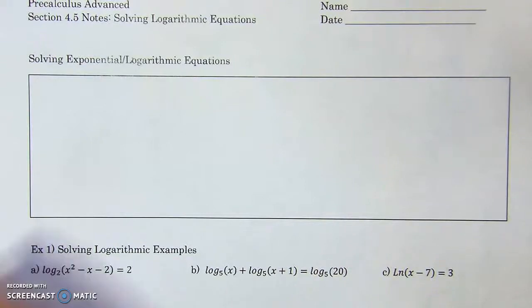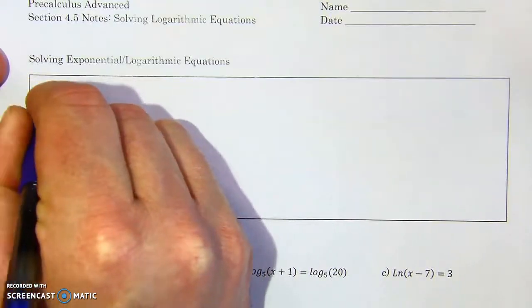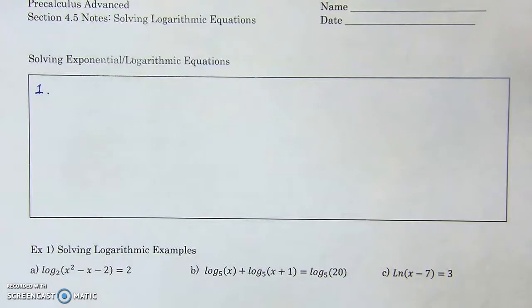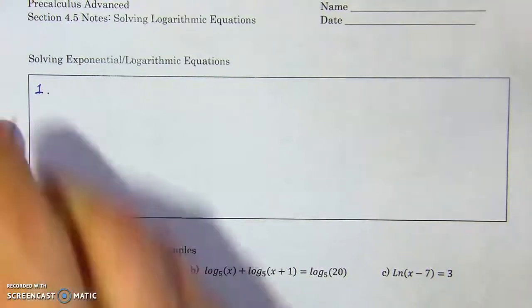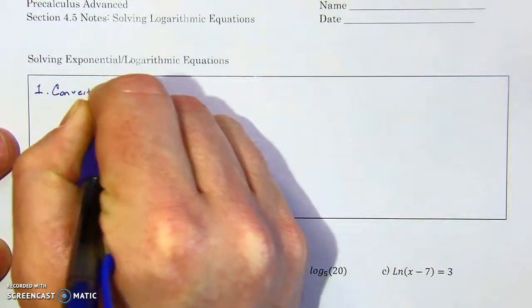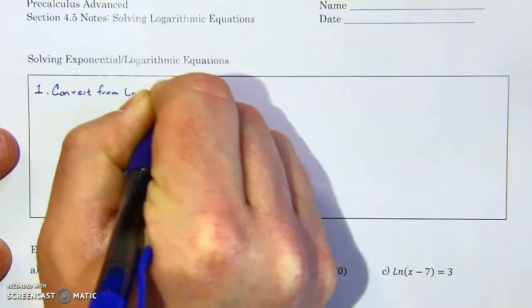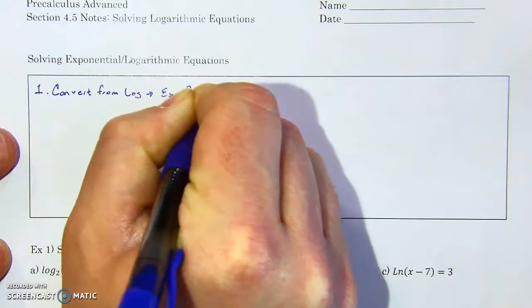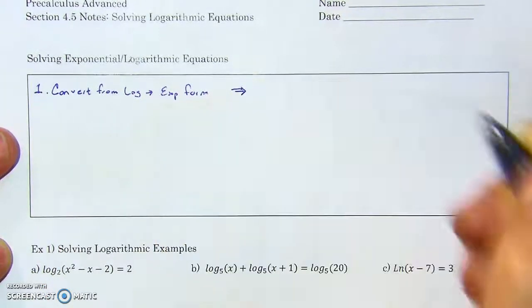So strategy number one: if we only have one log, take a look at example 1a, we have one log set equal to a number. We can convert from log to exponential form. And remember how we do that?